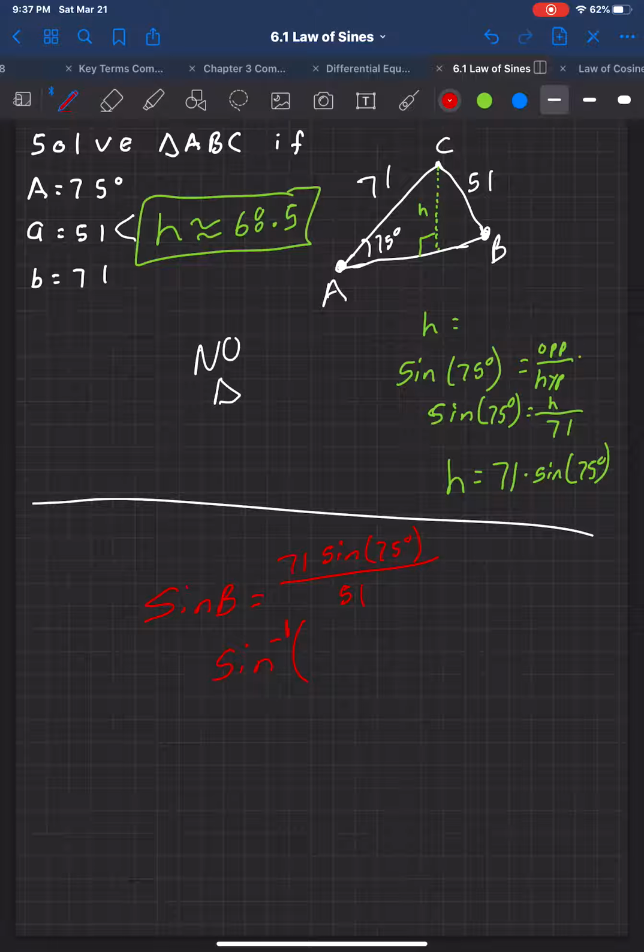So if you take sine inverse of 71 times sine of 75 degrees over 51, right? In other words, I'm saying you don't pay any attention to me about trying to find the altitude. You jump in and start using the law of sines. Then at this stage right here, your calculator is going to start telling you error.